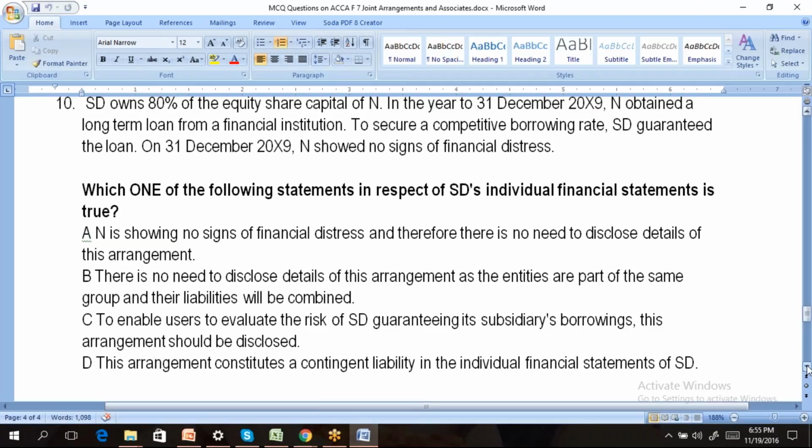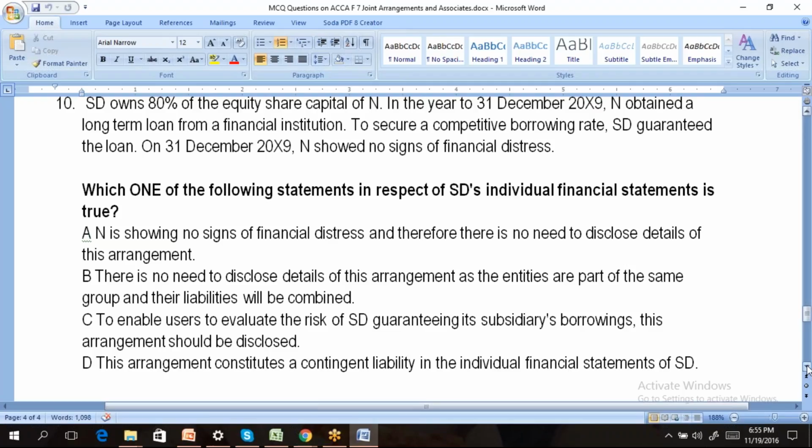To summarize, a joint venture has to be a separate entity. A joint operation can be a separate entity, or not a separate entity. All should be under a contractual arrangement. A joint venture is always equity accounting. A joint operation is always assets, liabilities, revenue, expenditure, added line by line.